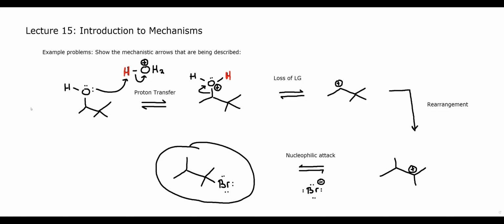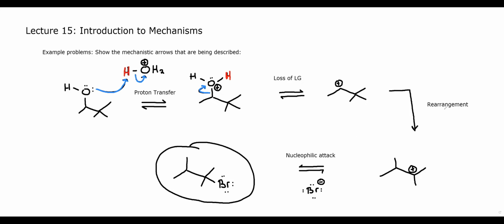I'm going to actually draw all my arrows in blue just so they stand out a little more. Here's the proton transfer arrows. And here's the loss of a leaving group. The leaving group leaves and it takes its electrons with it. So when this water molecule leaves, we're left behind with this positive charge.